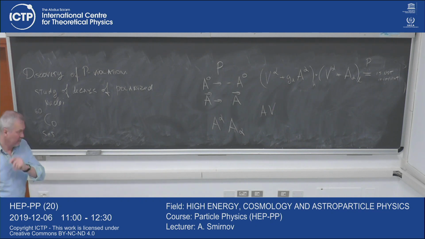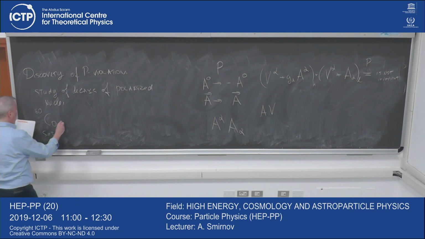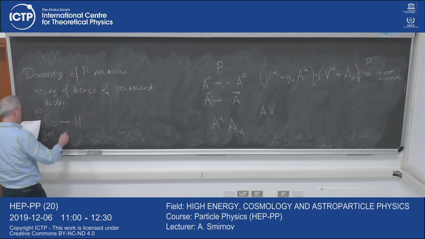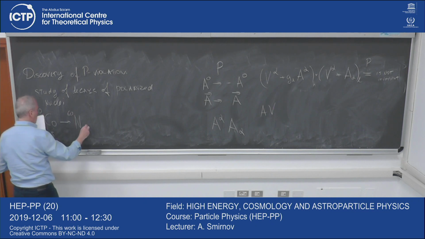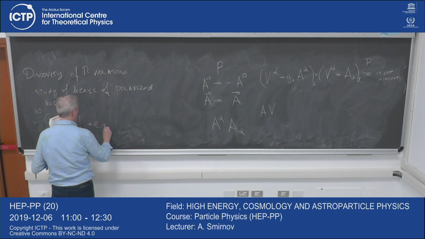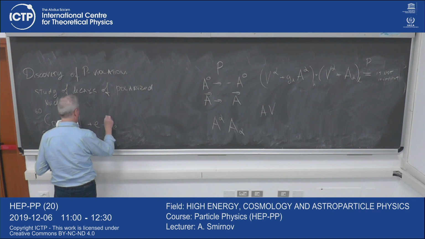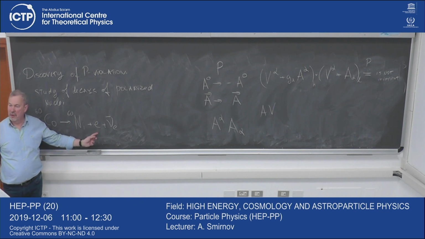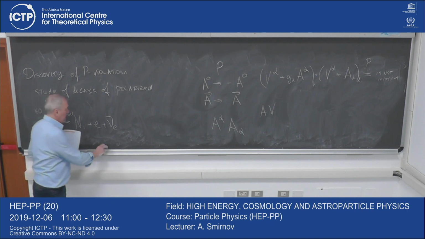It decays with the final state nickel 60 plus an electron and an electron antineutrino. And the idea was to study the angular distribution of electrons which appear from decays of the cobalt.